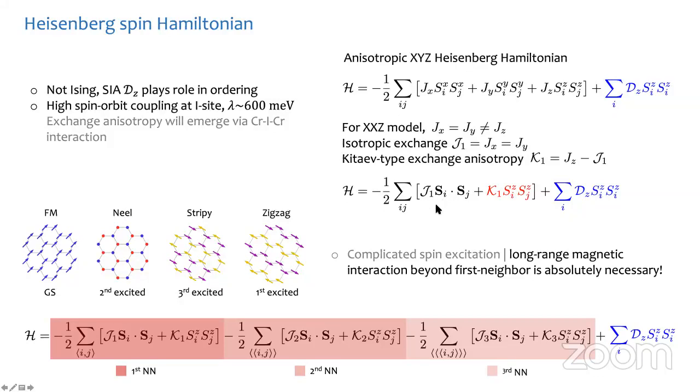And if you do not take J2 and J3, you will never be able to describe the correct spin excitations here. So what we argue is that a rather complete description would be this model extended to the second nearest neighbor and third nearest neighbor. So that should be the complete description here.